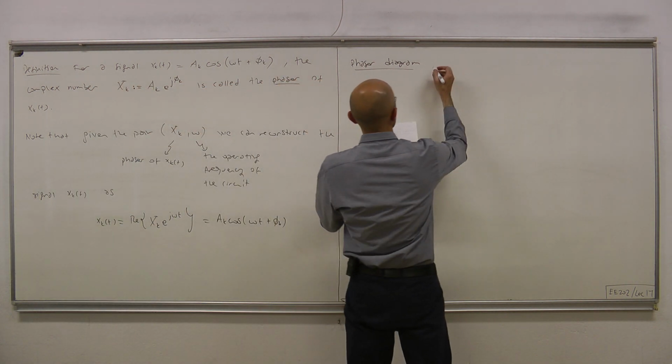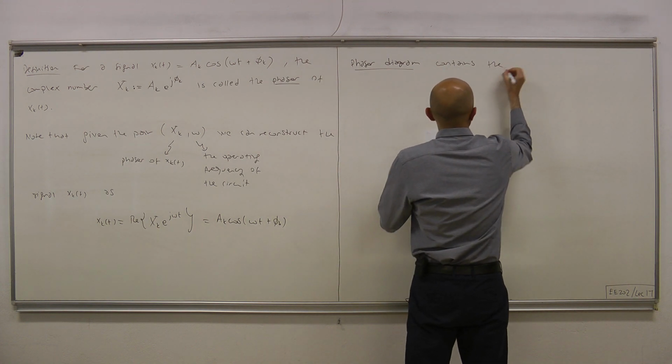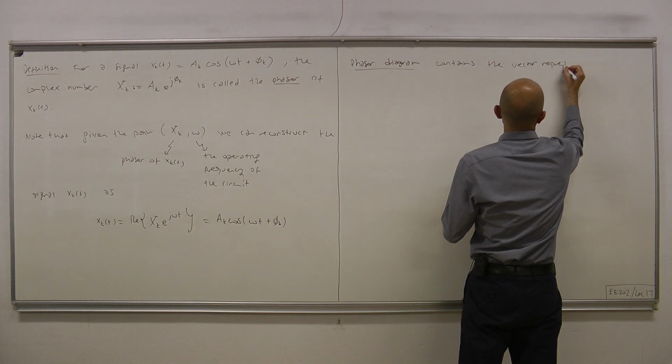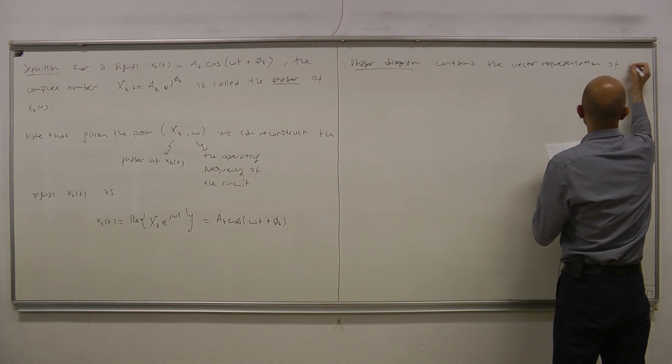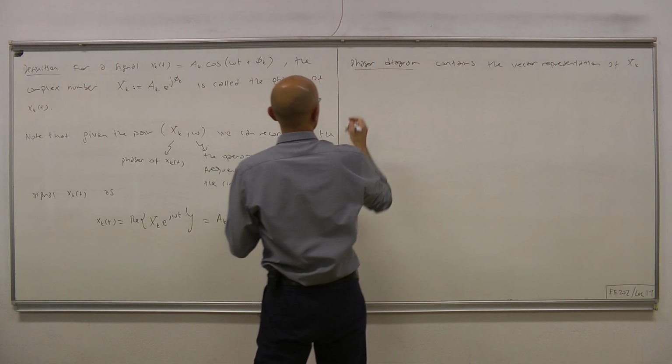The phasor diagram contains the visual, or vector, representation of the phasor, the complex number xk, on the complex plane.